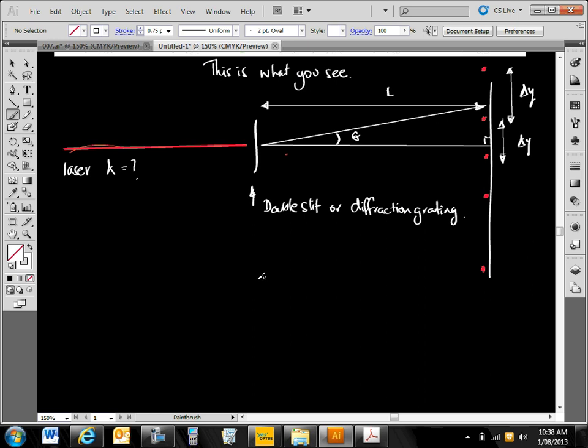Then you would use d sine theta equals m lambda to find your lambda, because you know the value for m. You know the slit separation, and you can measure theta easily enough. You can be very accurate with careful measurements.